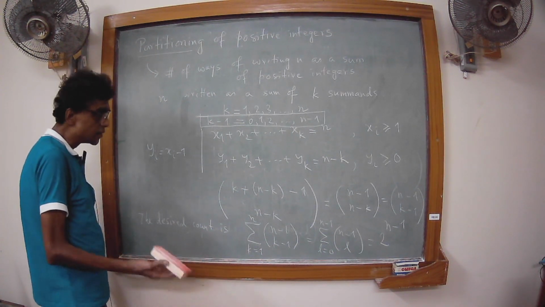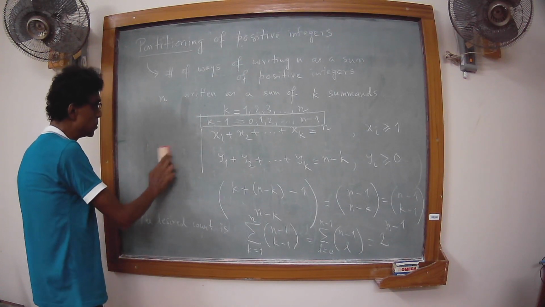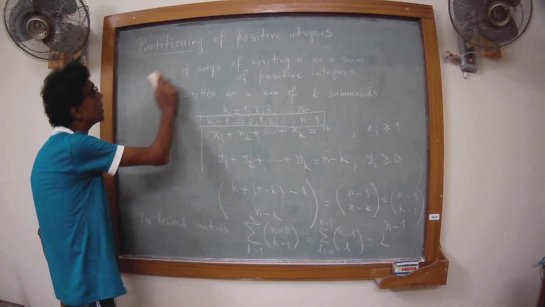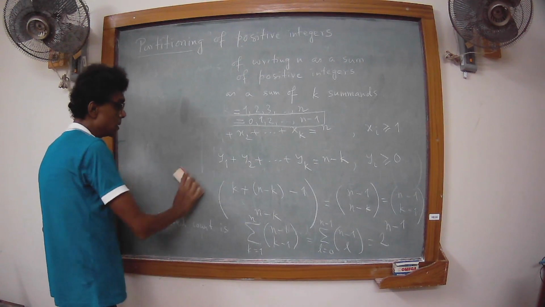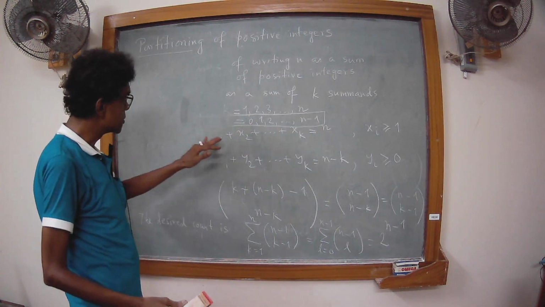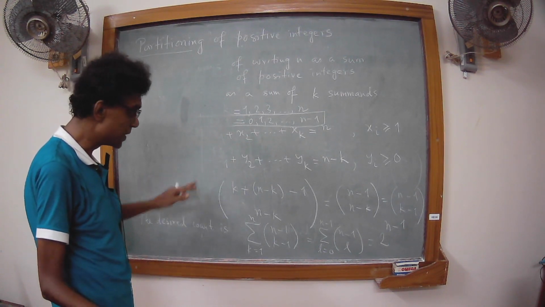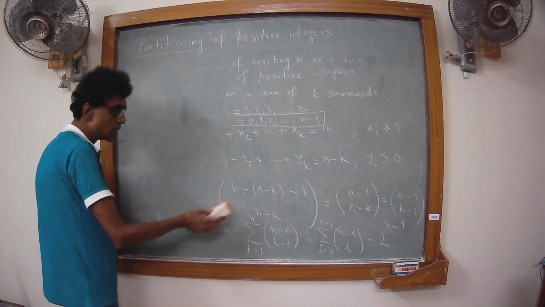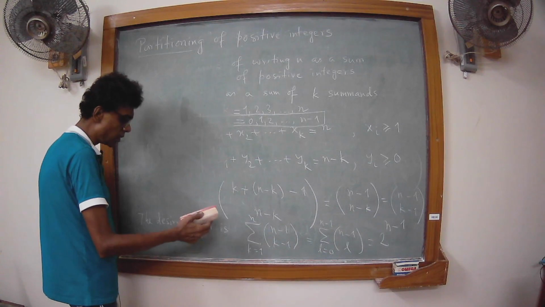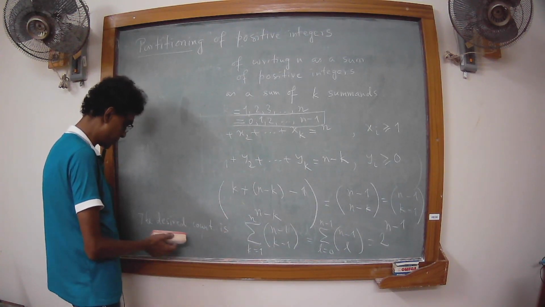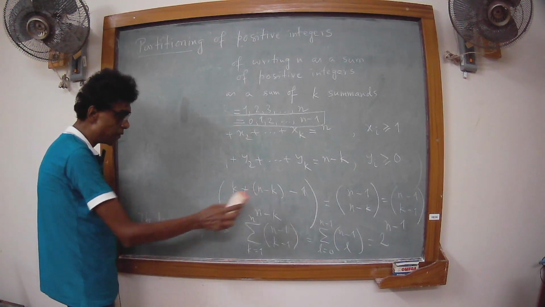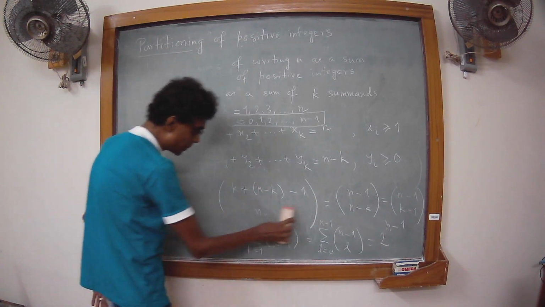Okay, so I think this is fine. We will come to this question of unordered permutations later, somewhere later in this course. But ordered sums, they have a simple formula, 2 power n minus 1.